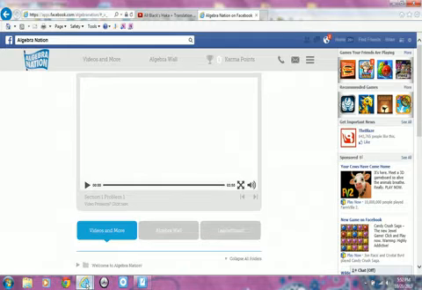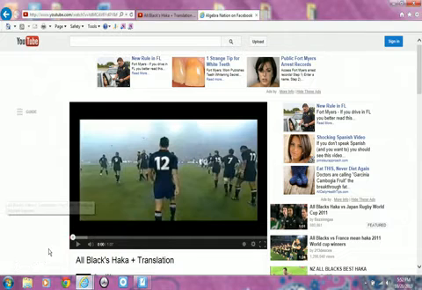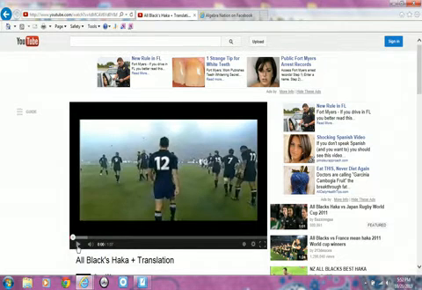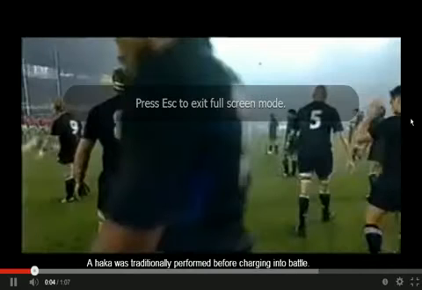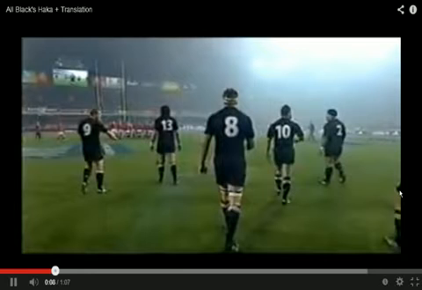Brain break. Maybe we should do this before the state exam in May. And as the smoke continues to hang around Eden Park, the All Blacks prepare to do the haka.